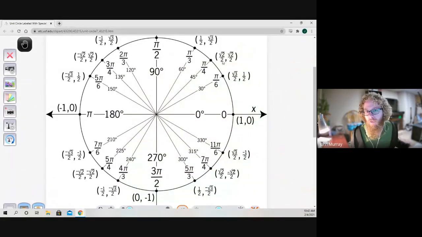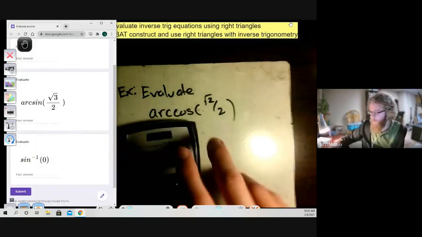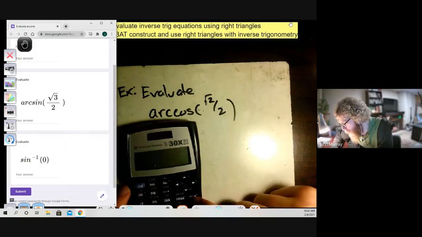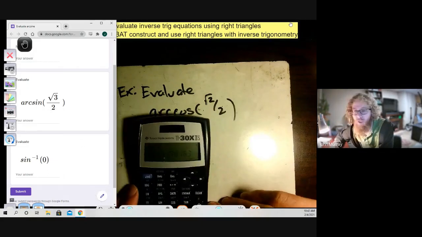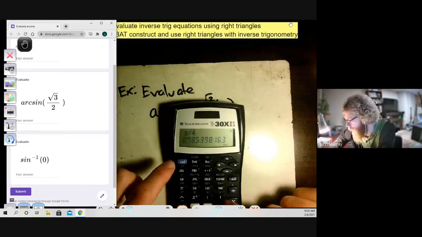Right, so right away, my first x value that I see is at 45 degrees, or at pi over 4 radians. And again, if you use your calculator, pi over 4 gets us 0.785.